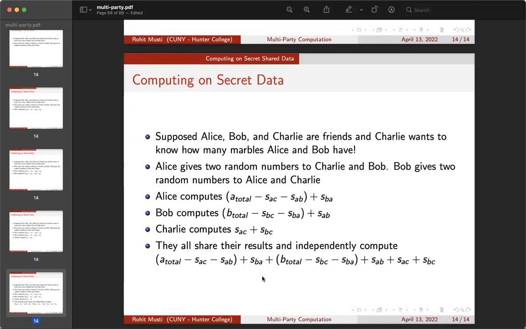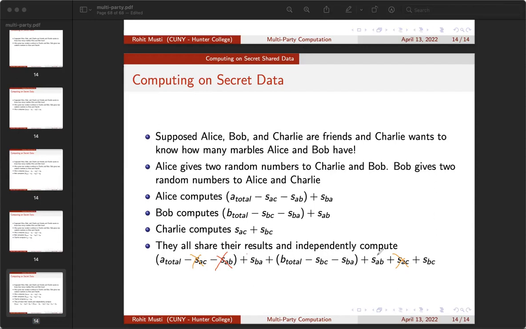And what does that look like? Well, add minus SAC, and then we have plus SAC. So that and this cancel out. Then we have S minus SAB, and we have plus SAB.